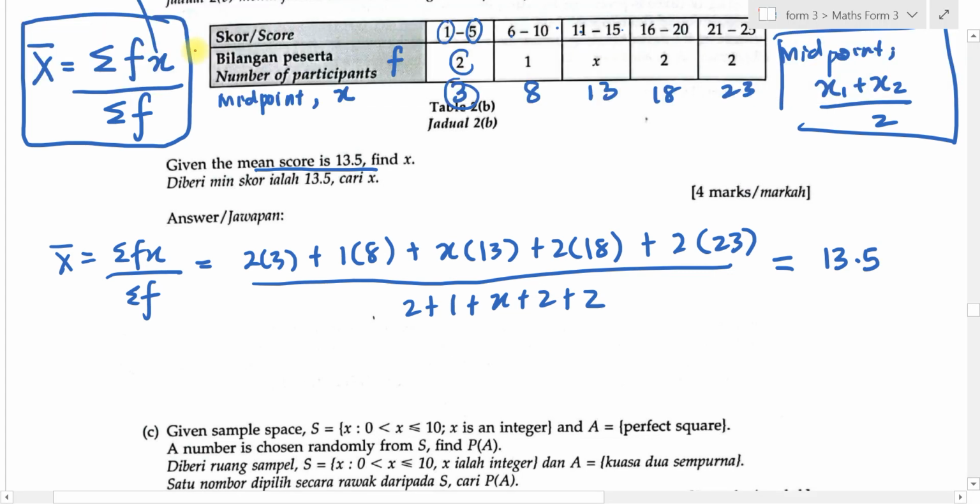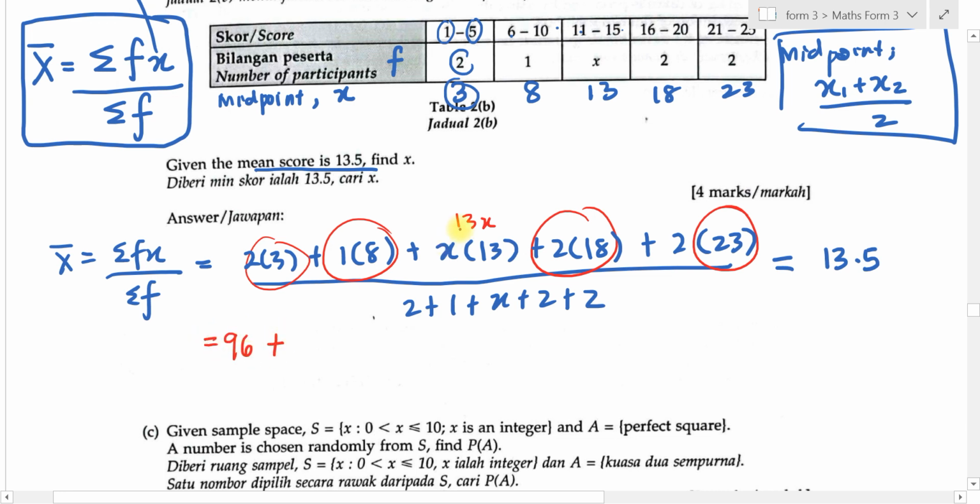So 2 times 3 is 6, this one will give 13x, and the others you can add up. 2 times 3 is 6, plus 8, plus 2 times 18 is 36, plus 2 times 23 is 46. When you sum up all these four things, I'm getting 96.